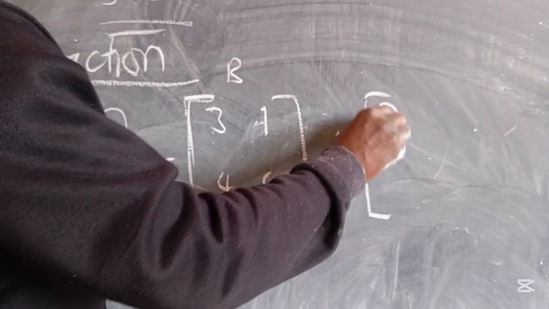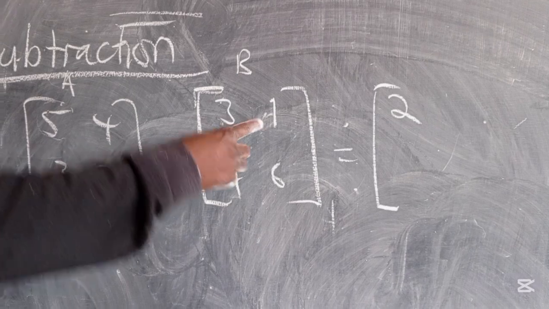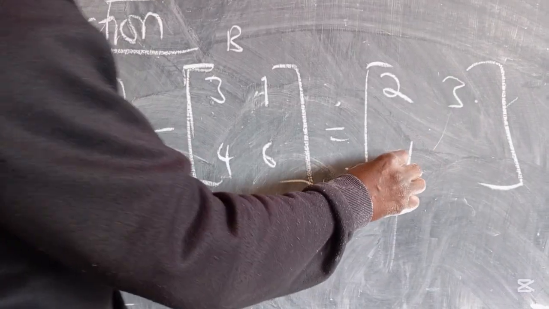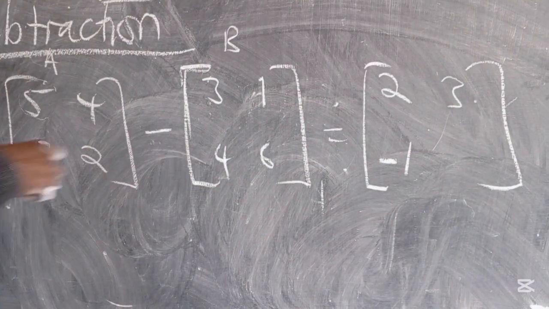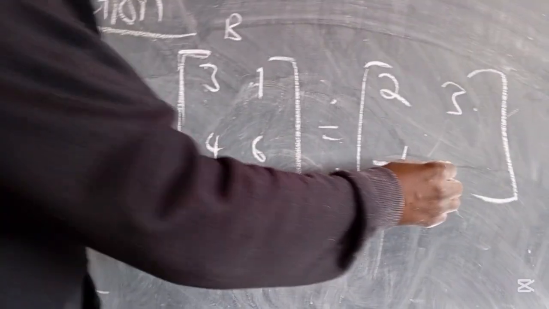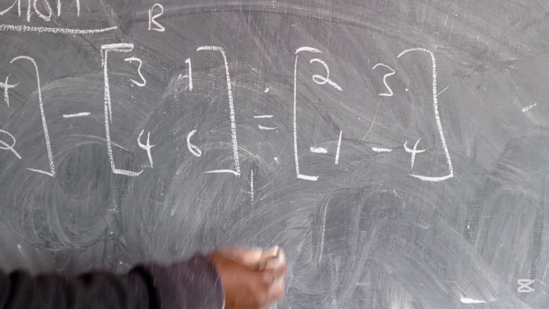So here I'm going to have a 2. 4 minus 1, I'll get a 3. 3 minus 4, I'll get a negative 1. Remember, it is the bigger number coming from the smaller number. The answer is a negative. 2 minus 6 to be negative 4. So this is my answer.